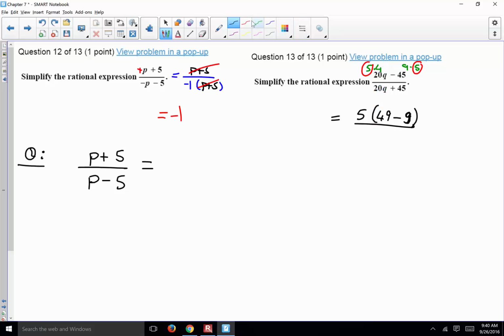Can you factor the bottom? This is 5, 4, 5, 9 again, 5 common. Factor 5, 4q plus 9.